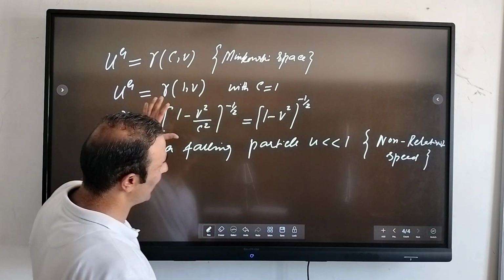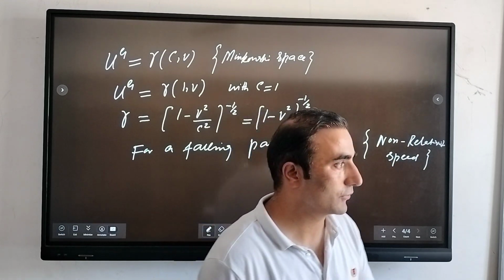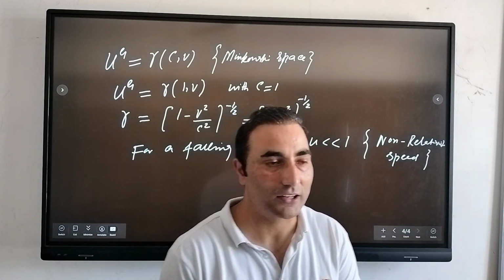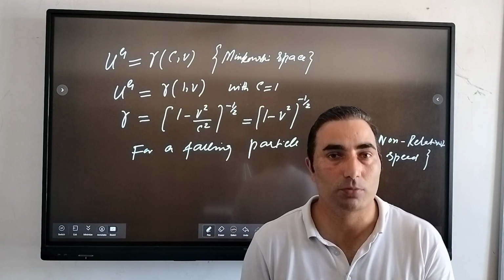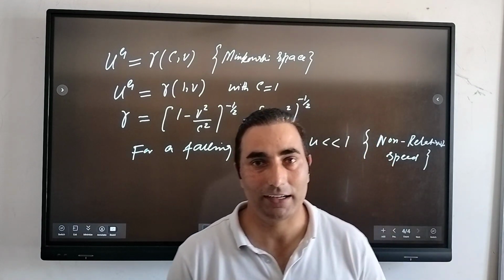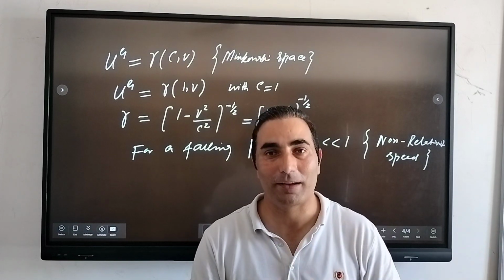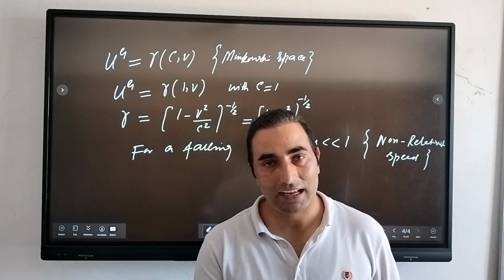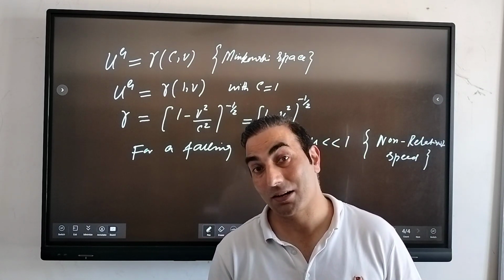So the Lorentz factor in that case: if we look at a non-relativistic particle, relativistic particles are those traveling with the velocity of light, like photons. But non-relativistic particles, say you take a book, or the skydiving case, have some acceleration or some velocity, and are not traveling with the velocity of light.